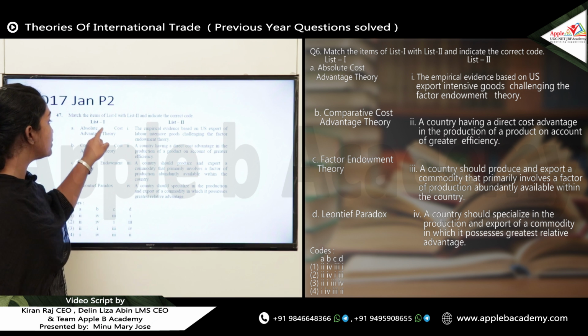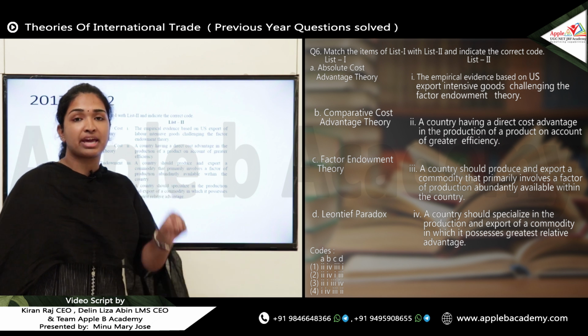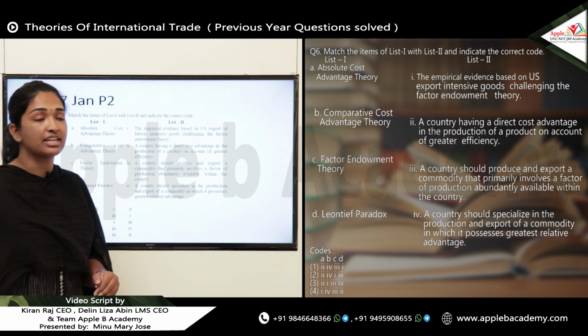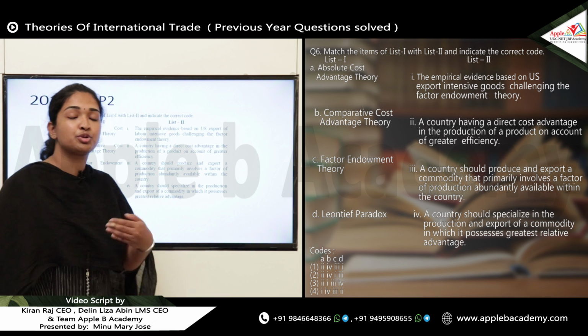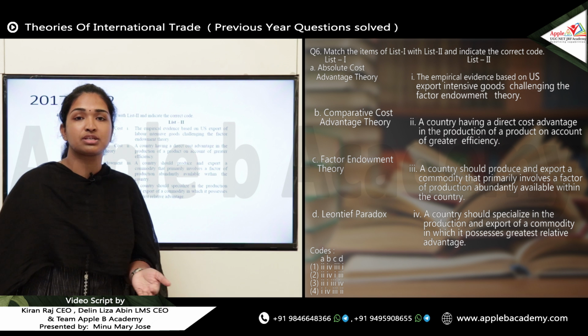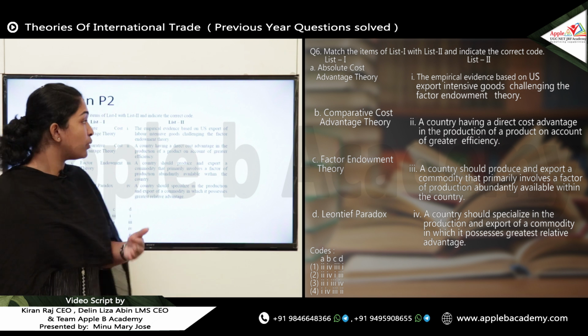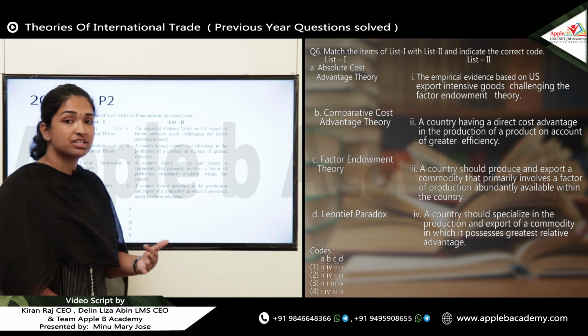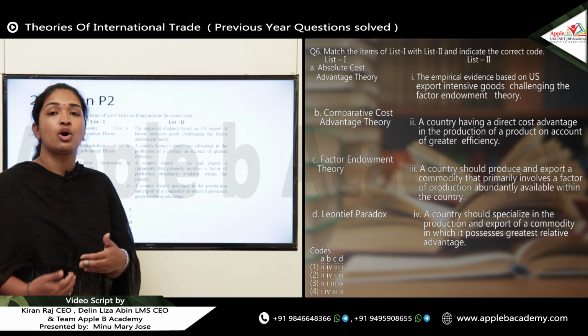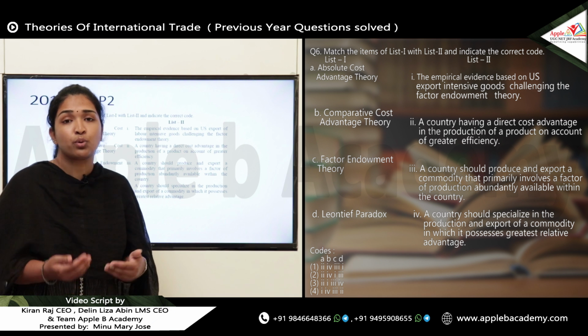That means the absolute cost advantage theory given by Adam Smith said that a particular country should produce or specialize in the production of those commodities in which it has an absolute cost advantage, or in which labor is more productive or more efficient.